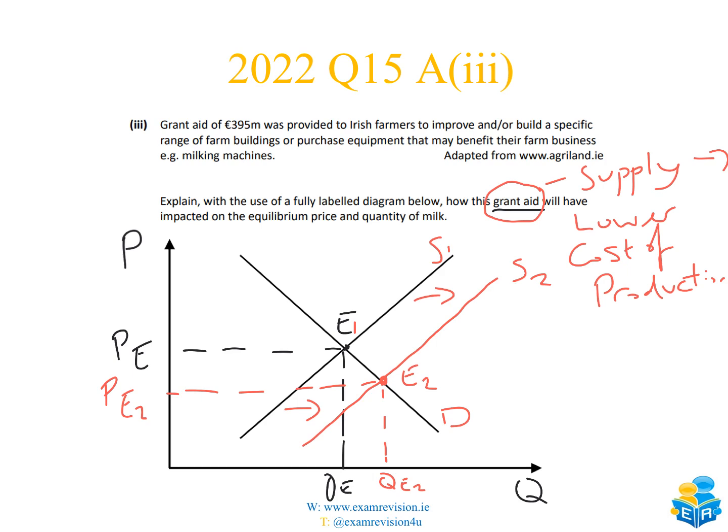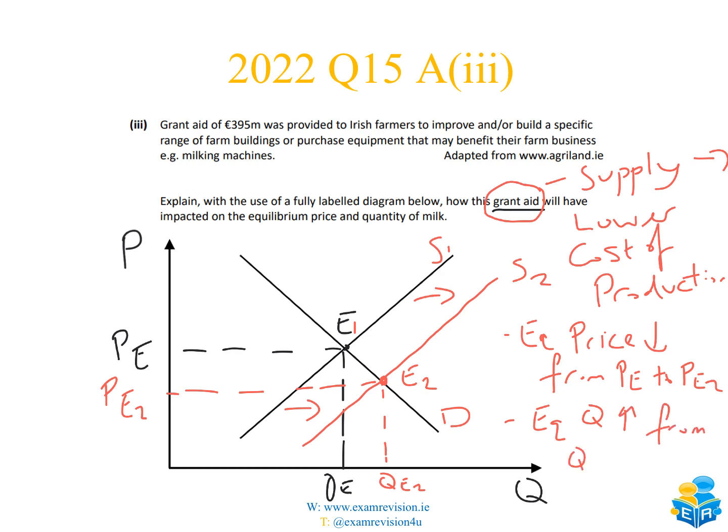You would always go with the explanation saying that the equilibrium price has decreased from PE to PE2, and equilibrium quantity has increased from QE to QE2.